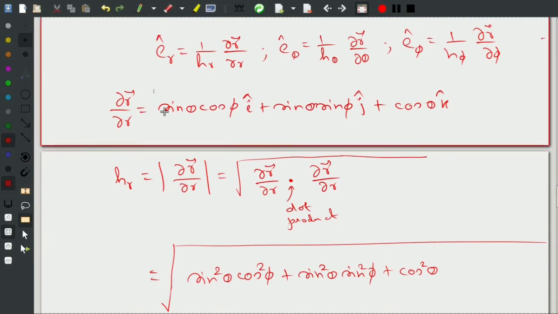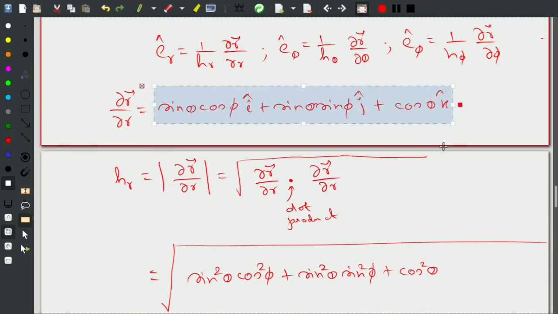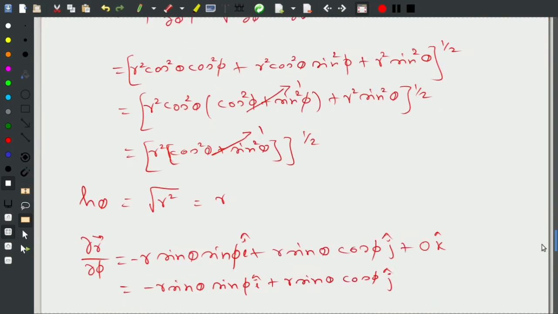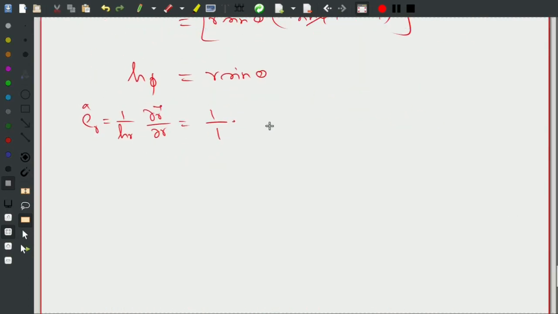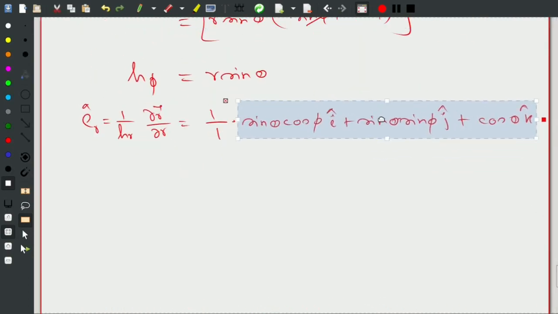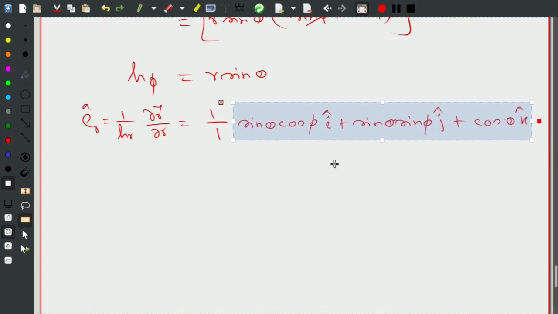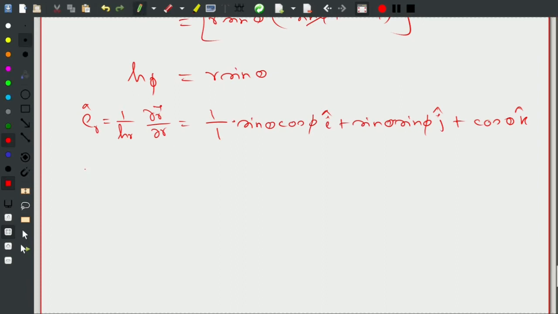It equals this one. Let me copy this and paste it here. So this is our new unit vector in spherical coordinates, the unit vector along the radial direction, r direction.